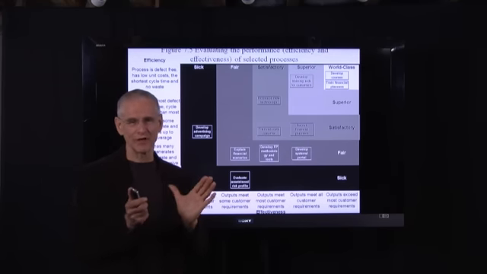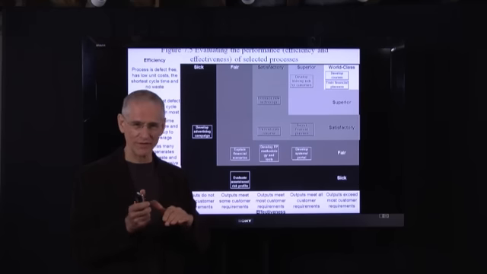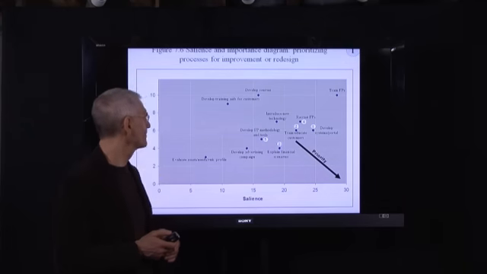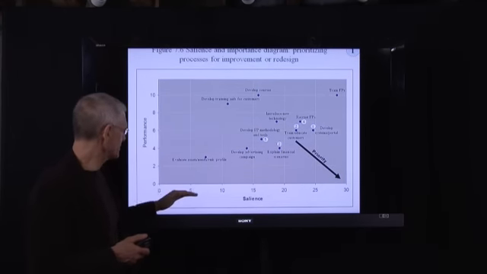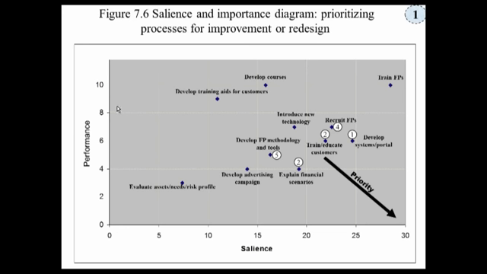So let's put these two dimensions together. Performance, salience. Salience, as measured by the two dimensions earlier, impact on strategy, impact on customer, and performance, impact on efficiency and effectiveness, you would like as a priority to put very salient processes that display a very poor performance. So these would be 5 potential processes to improve.